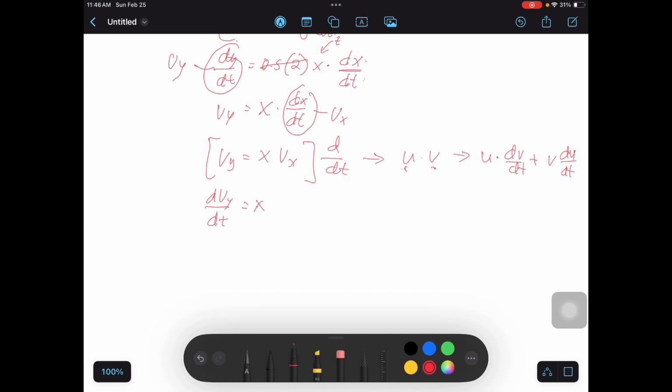So, let's do it here. Let's take x first, then derive vx, and then plus take vx, and this time x is derived, dx over dt.